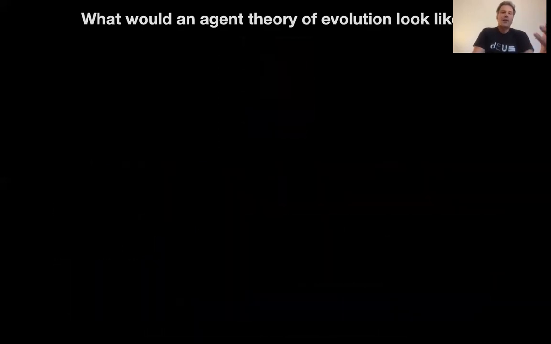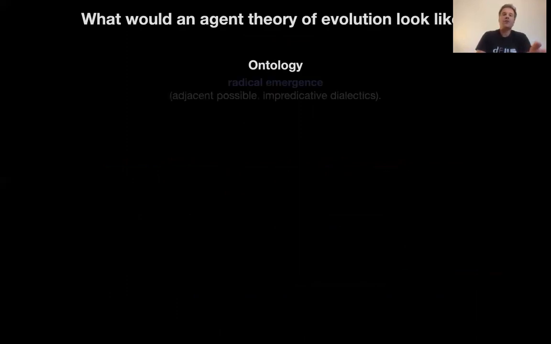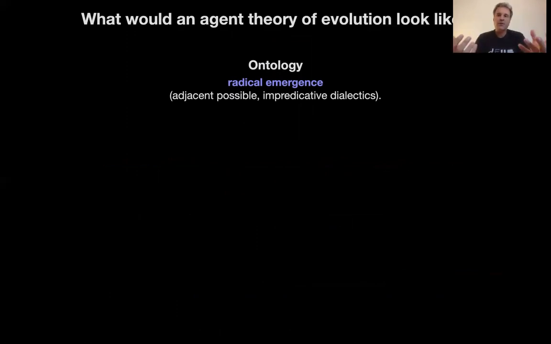Okay, so an agent theory of evolution. Let's look at the ontology. It will be committed to the epistemology and the methodology. So the ontology would be heavily emergentist, radically emergentist. Okay, so the rules are constantly rewritten by the world, moving into the adjacent possible through this dialectic dynamics between constraints and processes within the organisms and the organism and its environment itself.